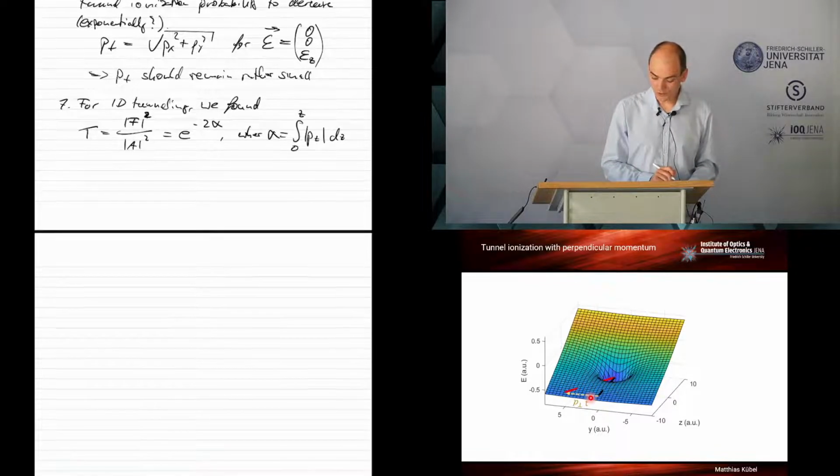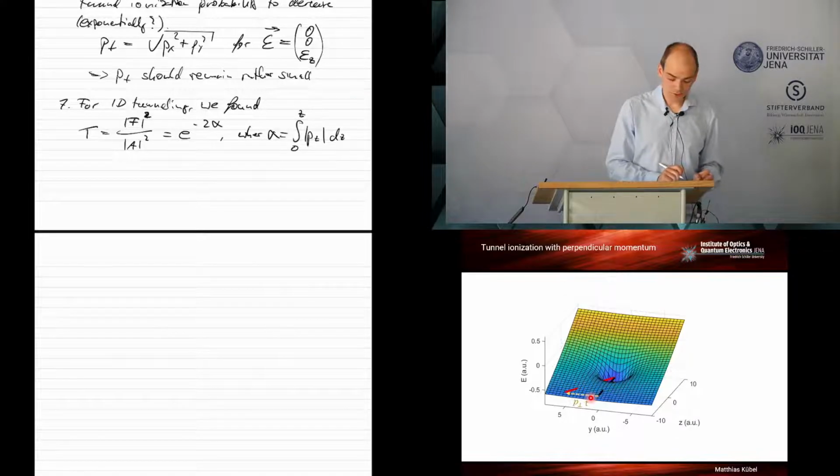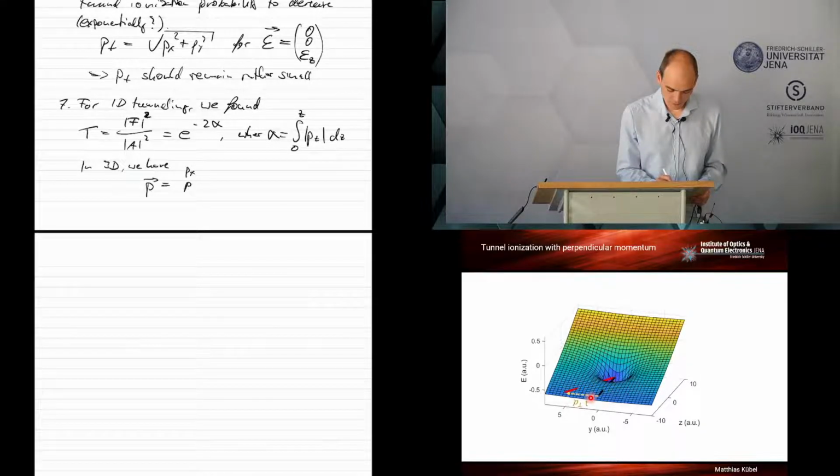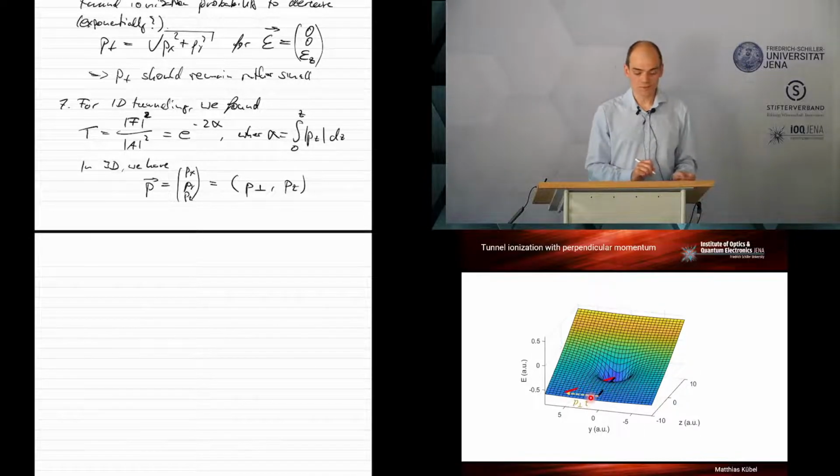And now we will use the same approach for 3D. In 3D, we have P equals Px, Py, Pz, and we can also write this as a perpendicular momentum and a longitudinal momentum.